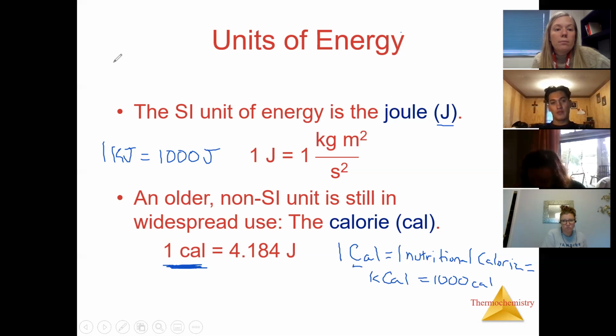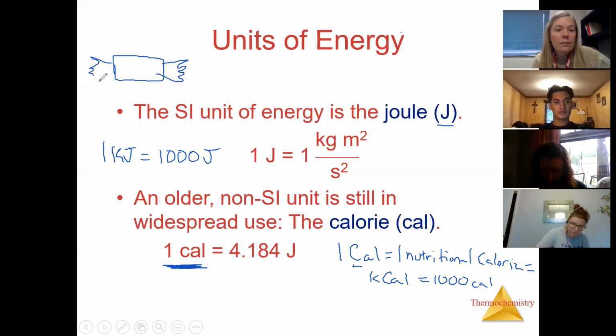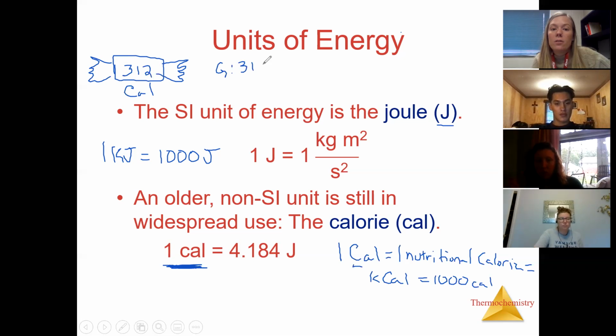So just for practice, let's say I've got a candy bar, and it has 312 big C calories or nutritional calories. I want you to tell me how many joules that is. So you're given that you have 312 big C calories. I want you to find how many joules that is.